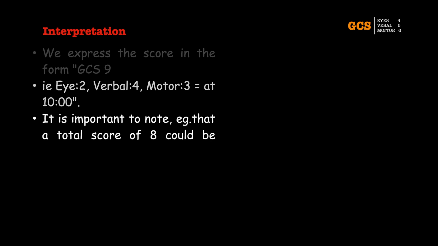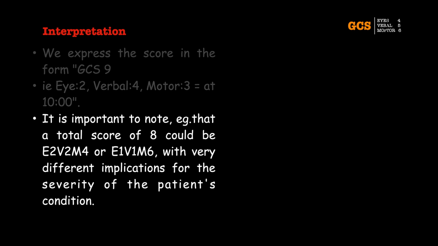Another important thing I need you to note over here is that if the patient has a score of 8, 8 could mean that the patient had an eye opening of 2, verbal response of 2, and motor response of 4. This same score of 8 can also mean that the patient had an eye opening of 1, verbal response of 1, and motor response of 6.